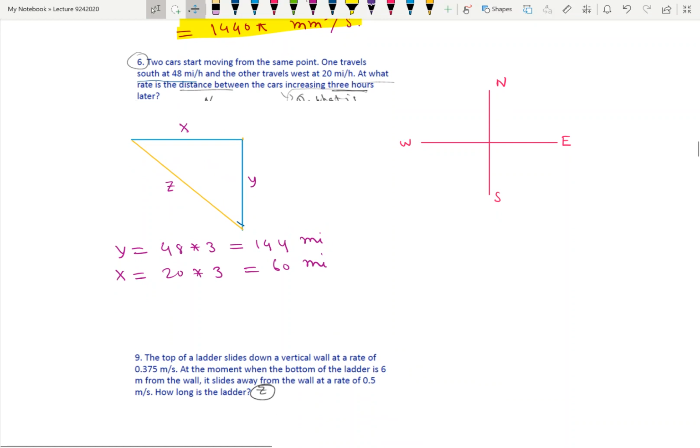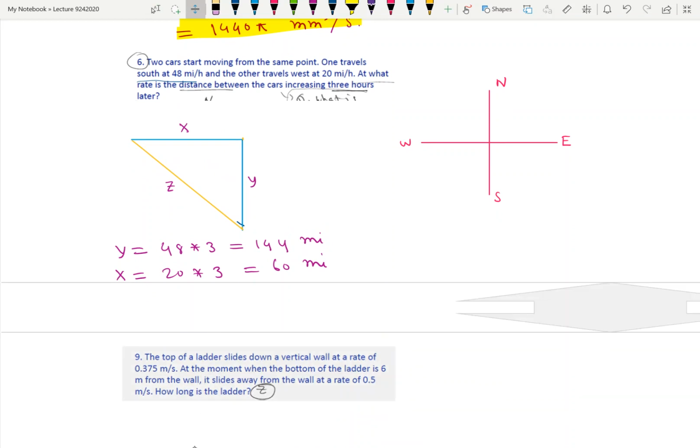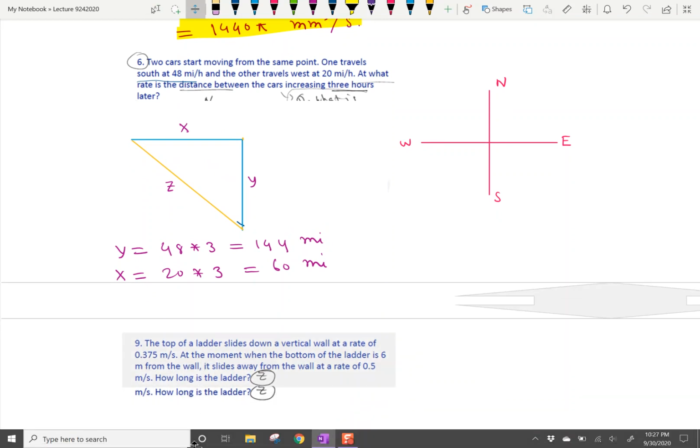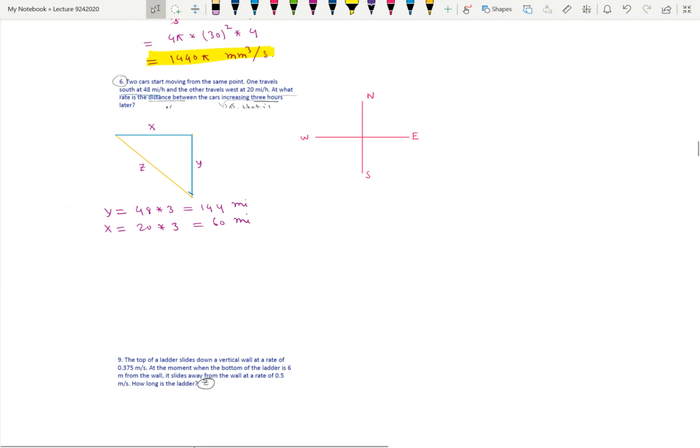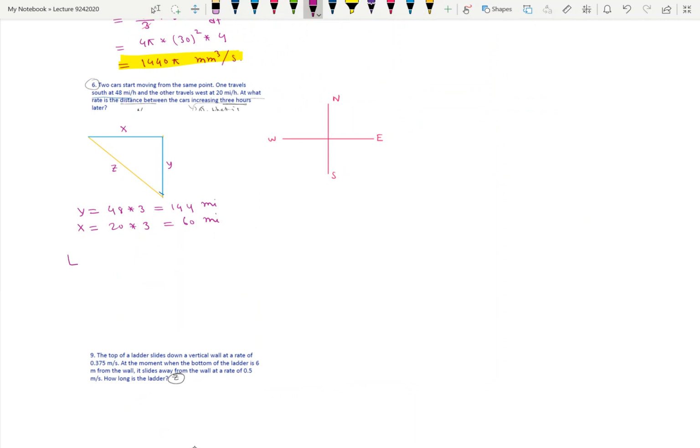Now the equation is, this is a right angle triangle, so we can apply the Pythagorean theorem, x square plus y square. We have given rate, and we need to find.